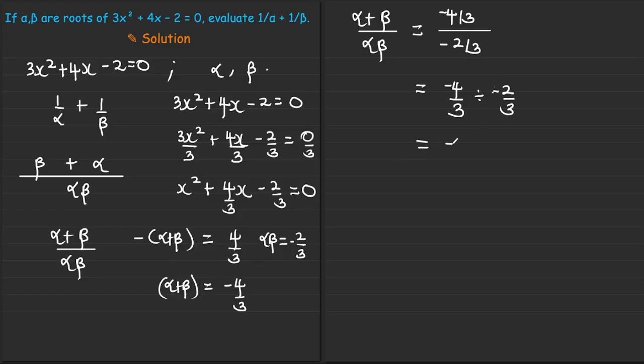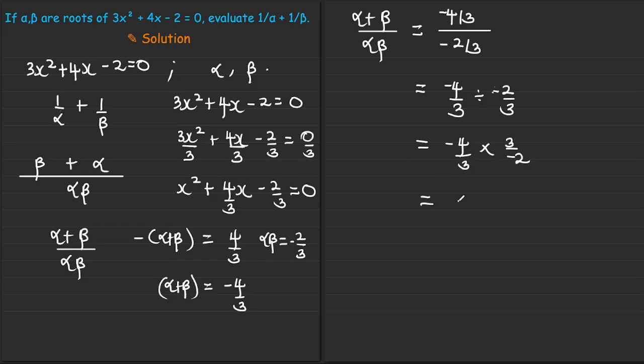We know when we are dividing fractions, we multiply and reciprocate the other fraction. So this 2 divides itself once, then divides the negative 4 twice, and this 3 also cancels out this 3.